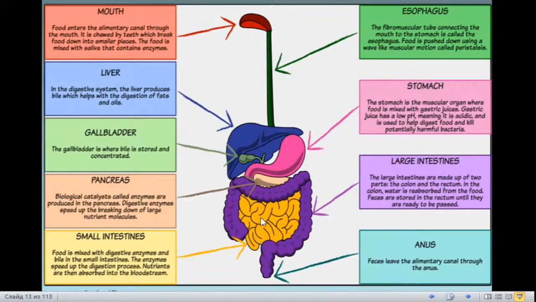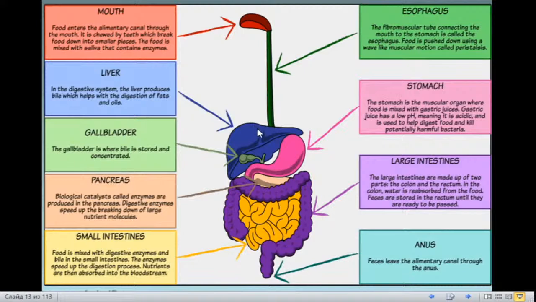In turn, small intestine will be represented by duodenum, jejunum, and ileum. Large intestine will be represented by blind intestine called cecum, ascending colon, transverse colon, descending colon, and sigmoid colon. The anal canal or rectum will be the last portion of the digestive canal.